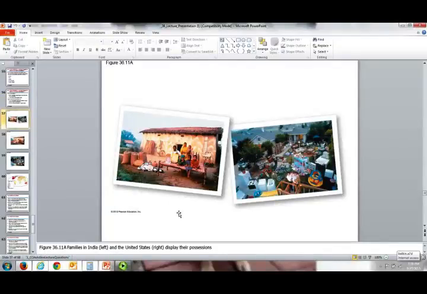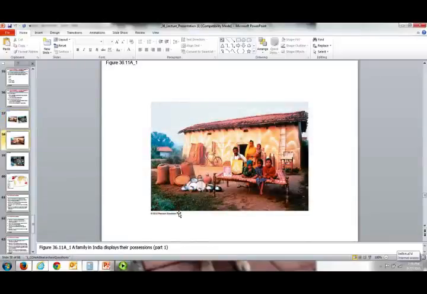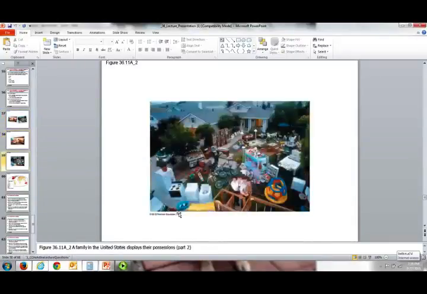So here's a comparison of a home in a third world country versus a fancy home in the United States. Granted, there are plenty of people in the United States who certainly don't live to the standard shown in that picture. And it looks like they have everything from their house in their yard.